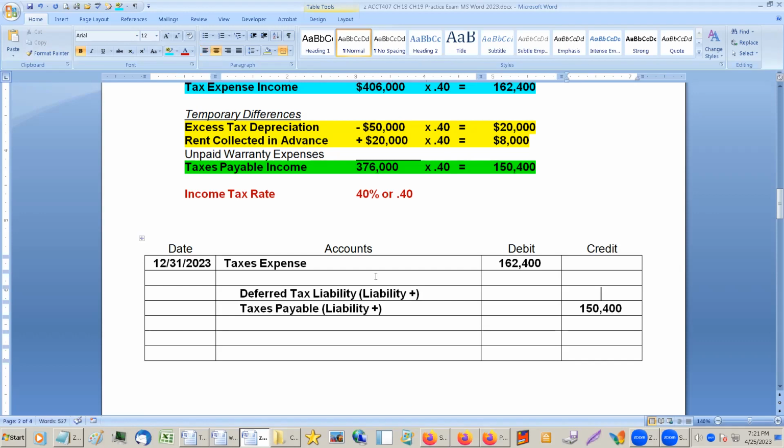Liability going up by 20,000. And the rent collected in advance. Now you can think about this as paying on this rent before we've actually earned it. So it's a little bit like a prepaid, so this is going to be a deferred tax asset. We paid the tax ahead of time on it.